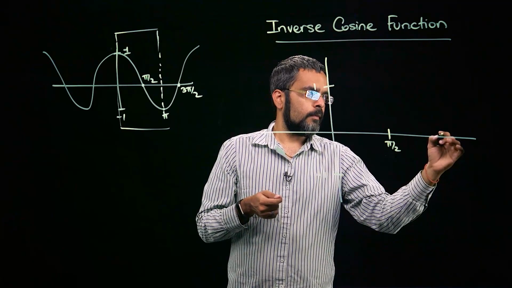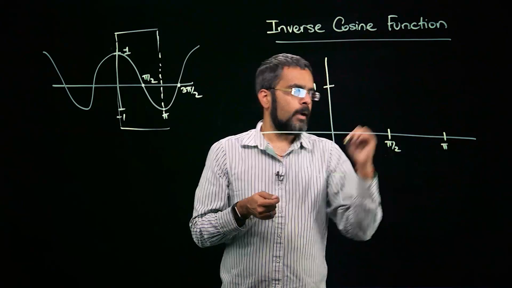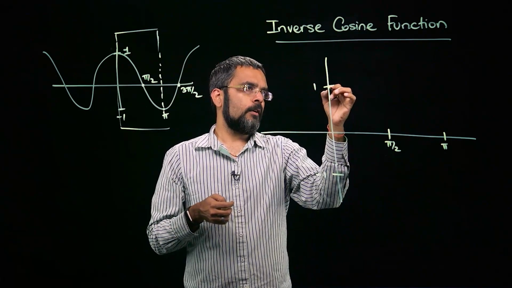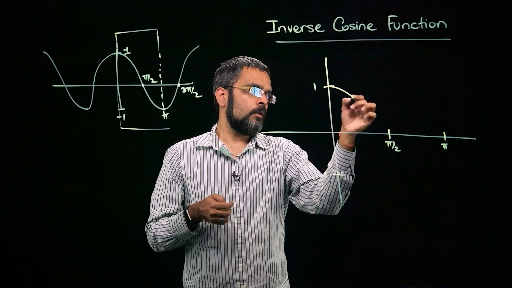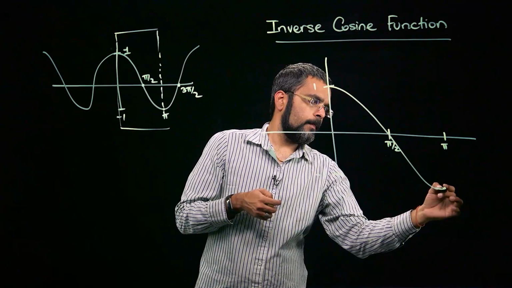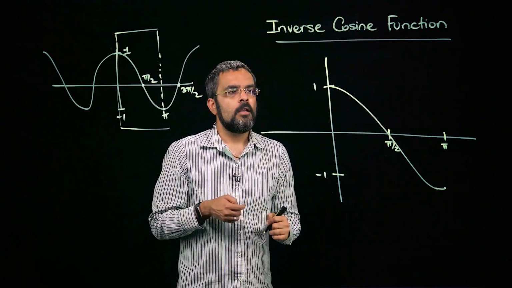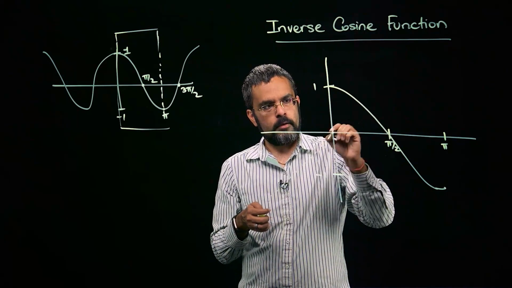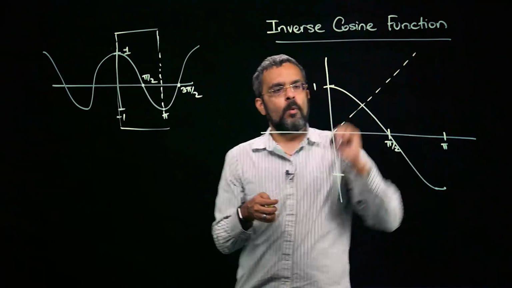And then I have pi. Okay, so my cosine function goes somewhere around there. Now what I need to do is reflect this over the line y equal to x.